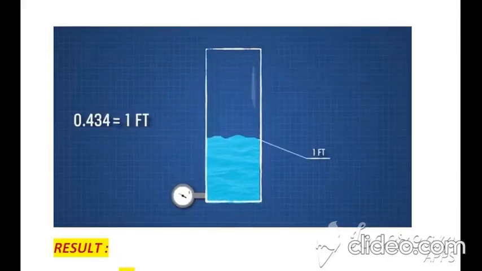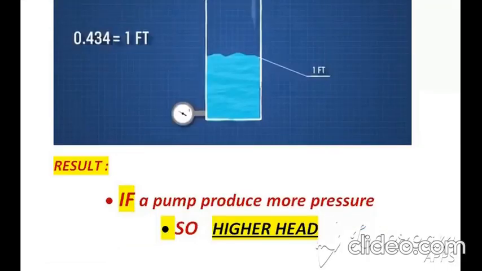In the second diagram you can observe that the water level is decreasing to 1 foot, and against that height the pressure is 0.434 psi. So the conclusion is that these both are different things, and always head creates pressure, and as a result, if a pump produces more pressure, it has higher head.